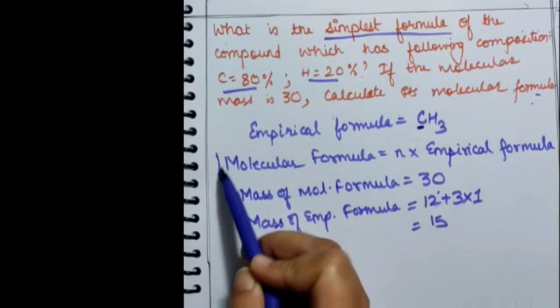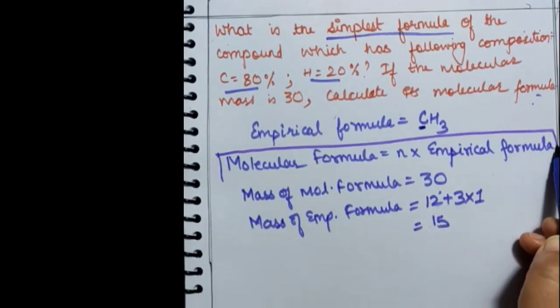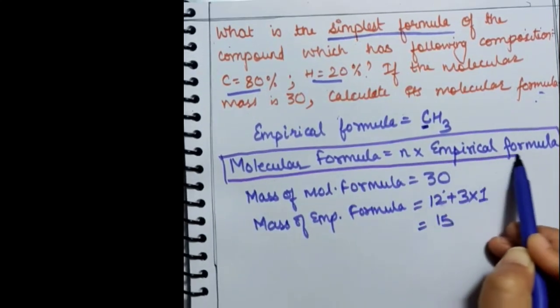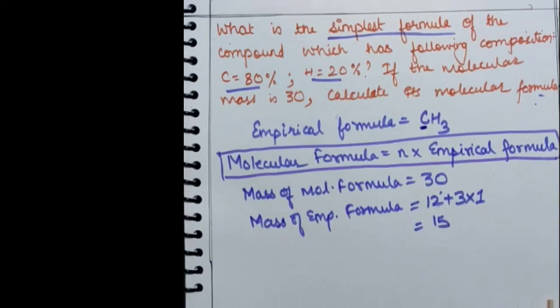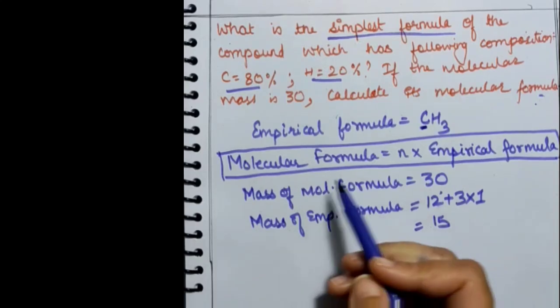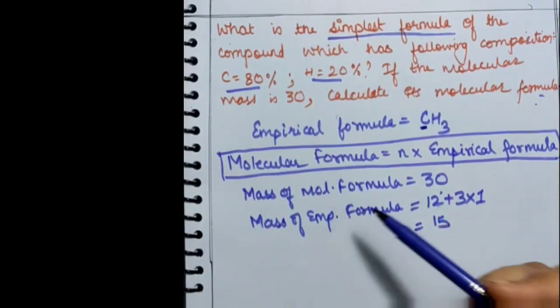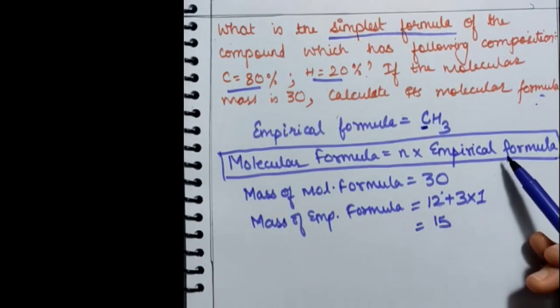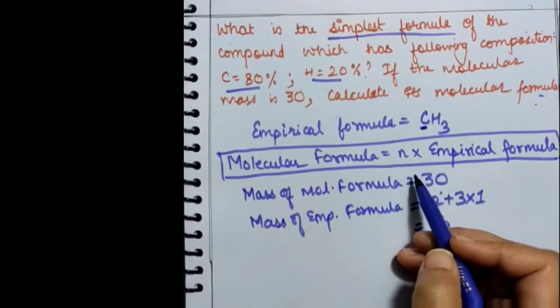Now see, the molecular formula is a multiple of the empirical formula by factor n. So whatever the molecular mass is will also be a multiple of the empirical formula mass by the same factor.